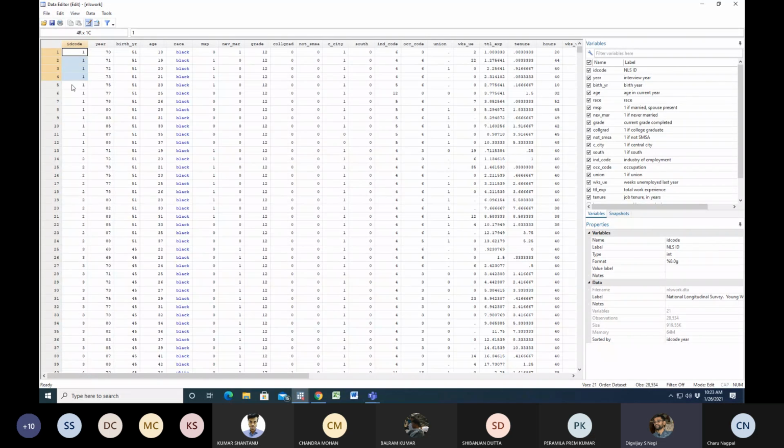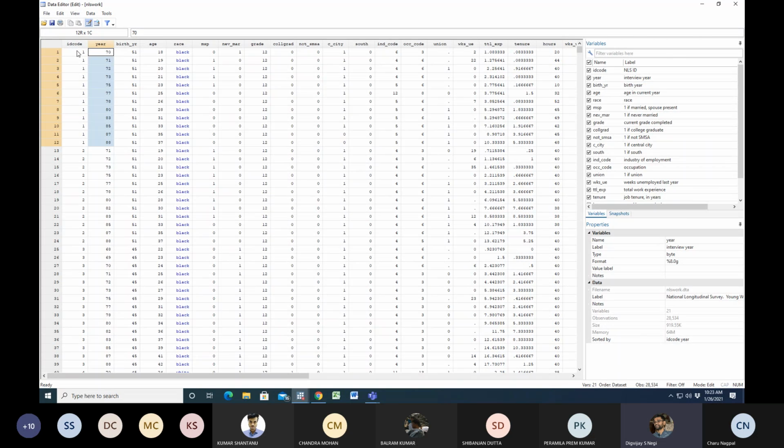For example, focus on the 1s: we have 1 repeating 12 times, denoting a single individual followed over time. And here are the years. Individual 1 was followed from 1970, 1971, 72, 73, and so on, to 88.